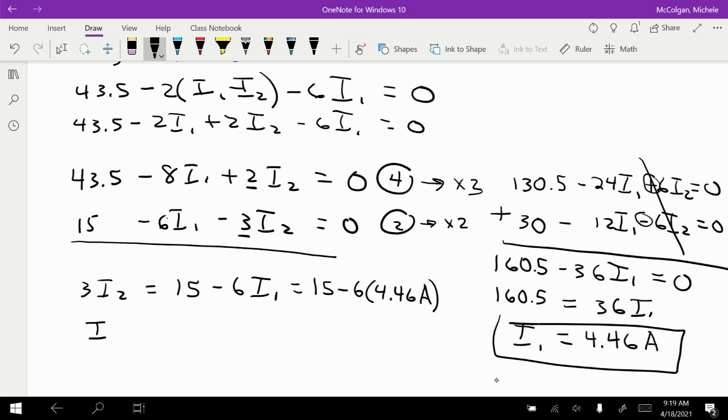And then I2 is going to equal 15 minus 6 times 4.46, and I get a negative 11.75 divided by 3.